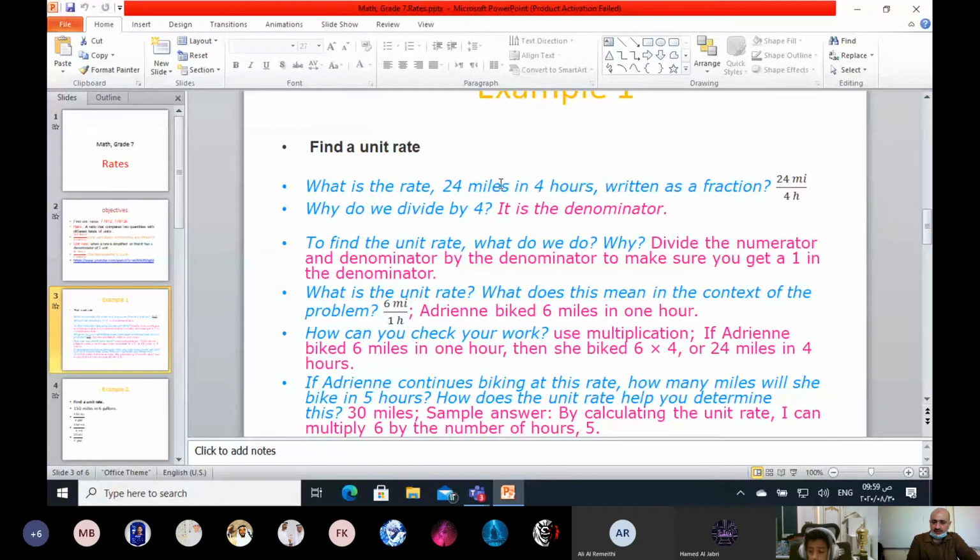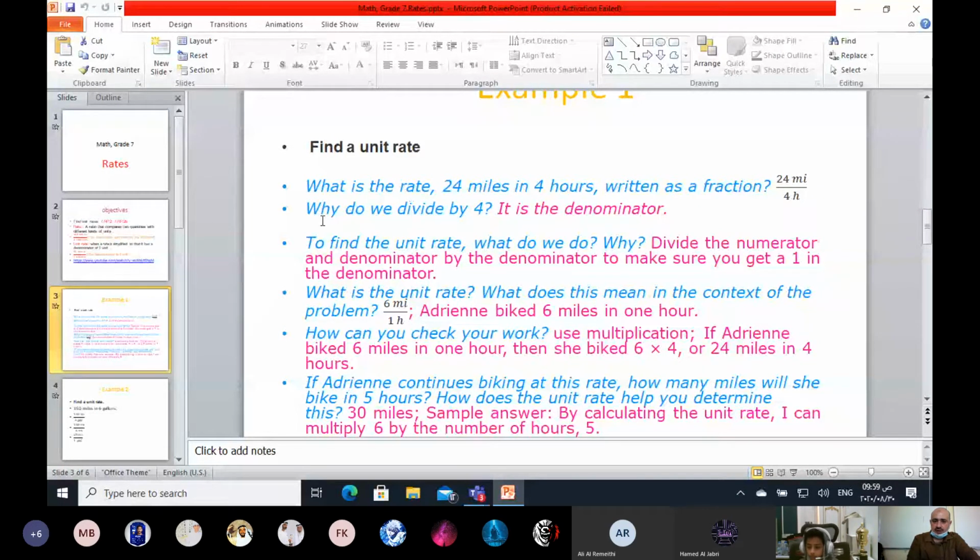How to find the rate? You can write 24 and 4 as a ratio using a fraction. Written as a fraction, take 24 miles up and 4 hours down.